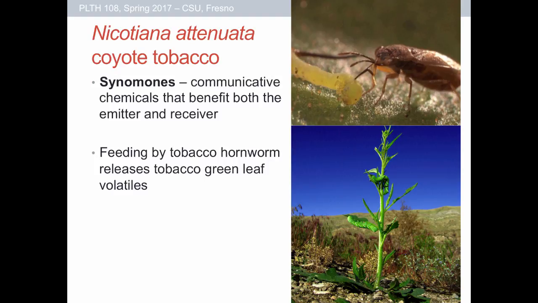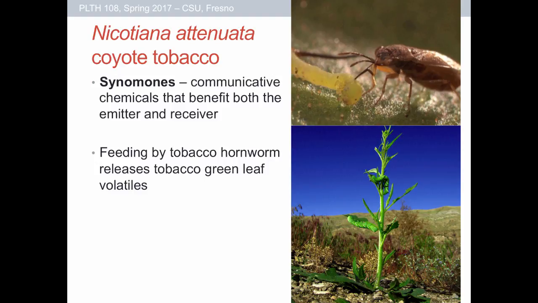It's called wild tobacco, and they basically figured out that when tomato hornworm or tobacco hornworm feeds on this wild tobacco species, the plant will release a whole bunch of what they call green leaf volatiles. So these are just alarm chemicals that tell other plants in the area that there is something feeding on it and that they need to watch out.